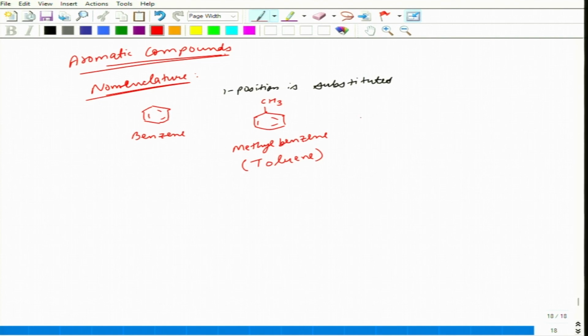Similarly, if I say CH2CH3, that means ethylbenzene. Similarly, CH2CH2CH3 will be propylbenzene.